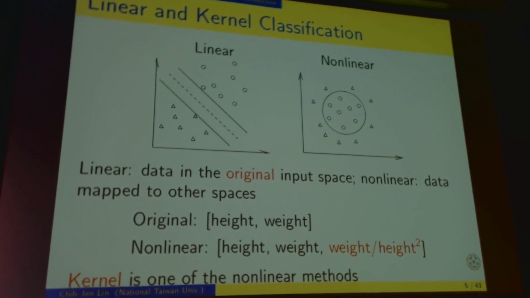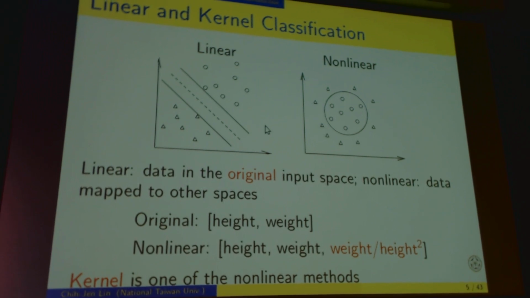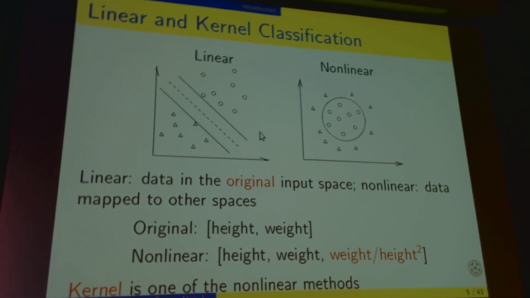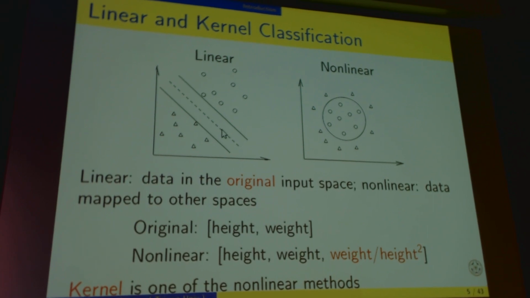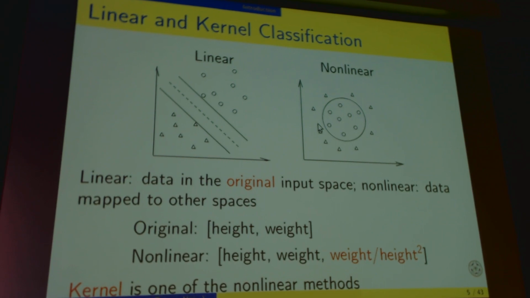If we compare linear and nonlinear classification, here I show two figures to see their differences. On the left-hand side, for a linear classifier, basically you draw a dotted line to separate the two classes of data. But for nonlinear, you want to have a nonlinear curve to separate the data.